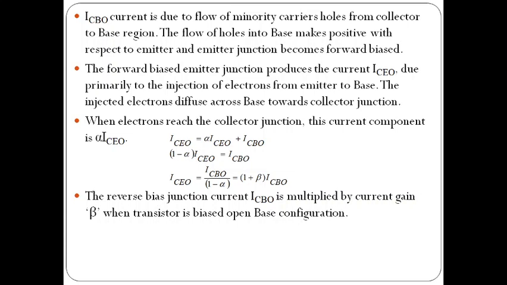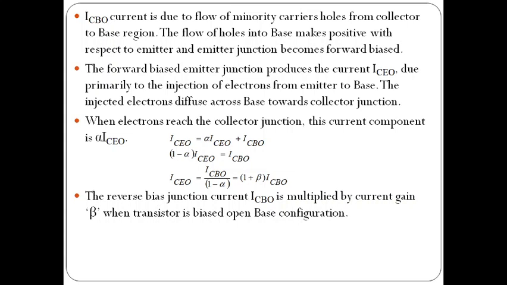Due to this, the base becomes more positive with respect to the emitter, and the emitter junction becomes forward biased. So the forward biased emitter junction produces the current ICO, primarily due to the injection of electrons from the emitter to the base region.